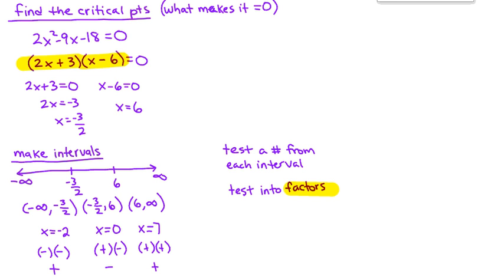Okay, so far we found the critical points, we made intervals, and we tested a number from each interval. The next step is to analyze the results. In other words, draw conclusions. What's the answer?